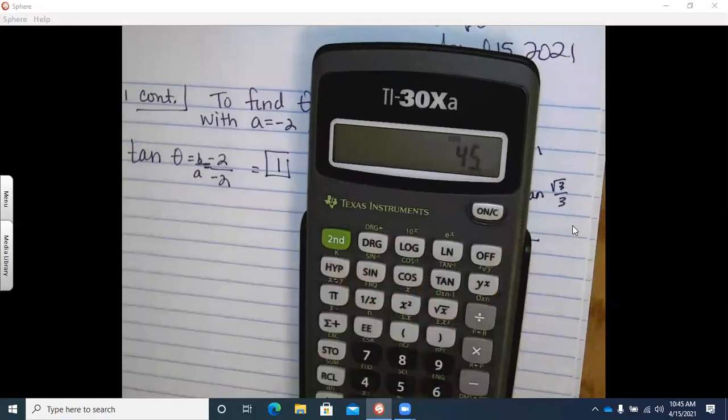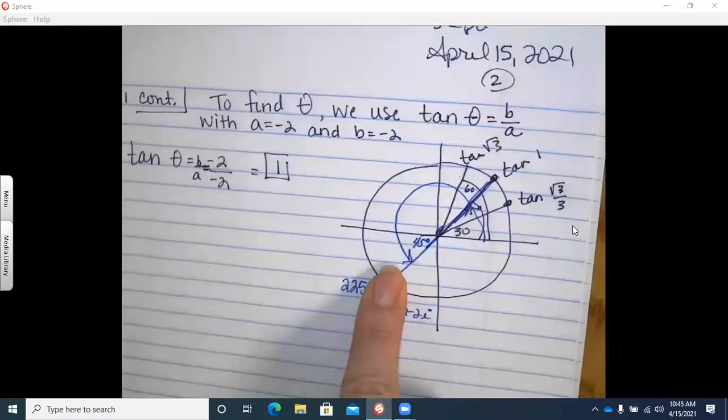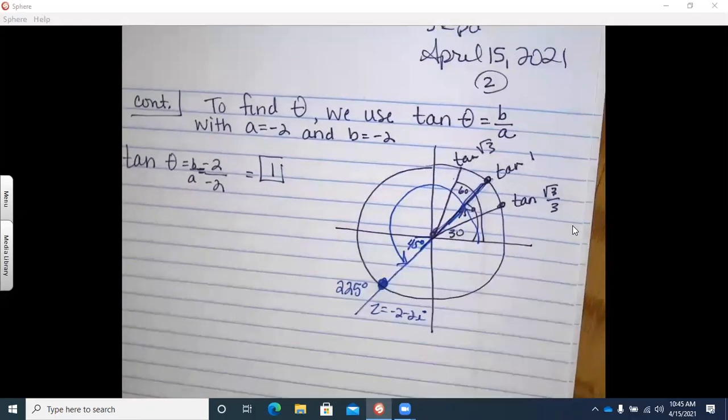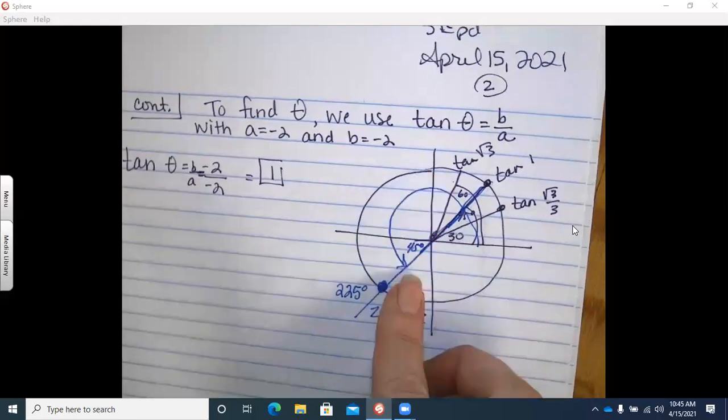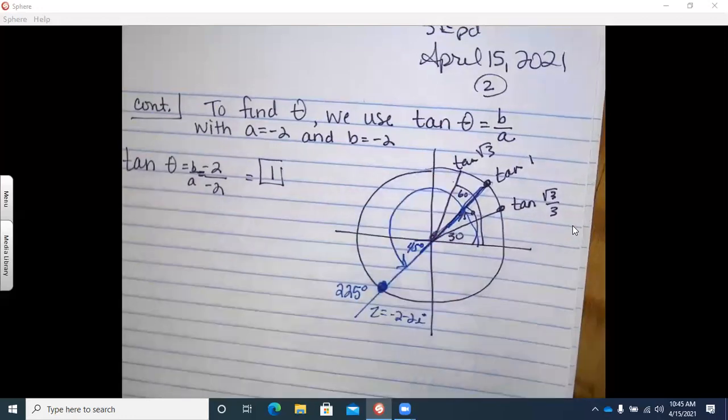Well, this angle is not 45 degrees, correct? We know it's in this quadrant, but at least we know the reference angle would be 45. If I forget, and I don't want to do the math to find the tangent of all these numbers, I know you have the unit circle in your notes, but will you be able to use that on a test? No. So that's another thing we could do to help us figure out what this angle is.